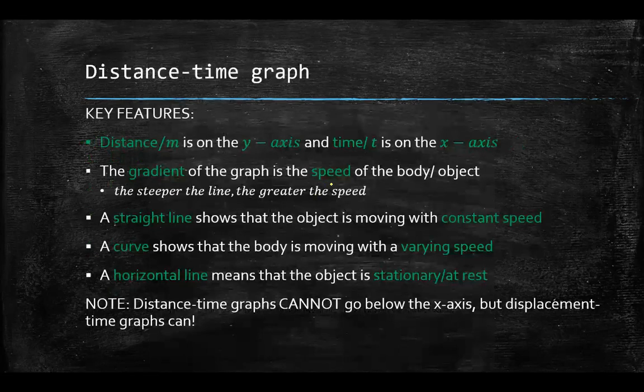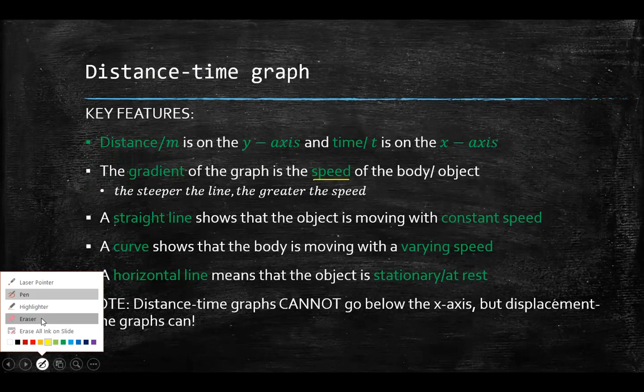Although, to be fair, I've seen people using speed and velocity interchangeably when it comes to graphs. So you might see someone saying that in the distance time graph, the gradient is velocity. I mean, technically it's not.